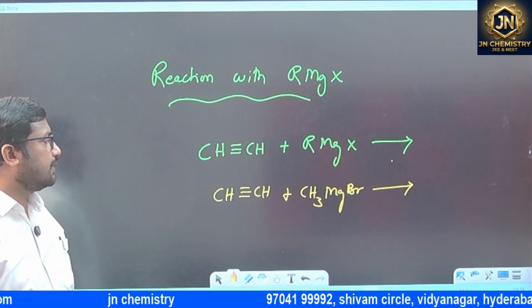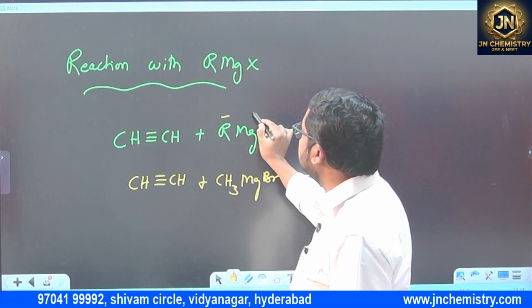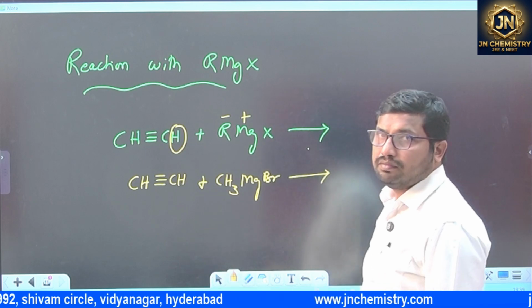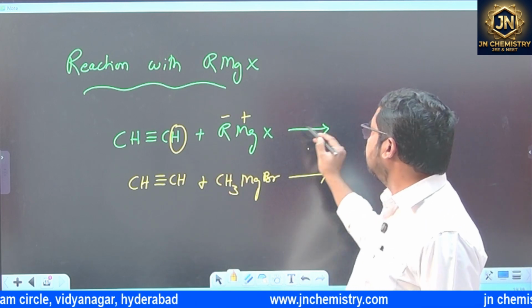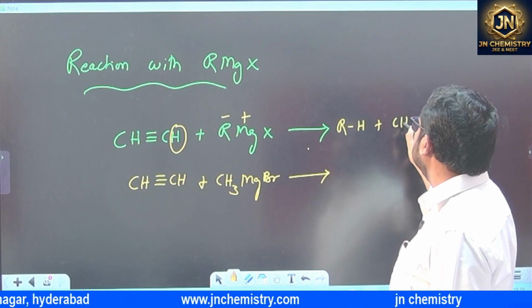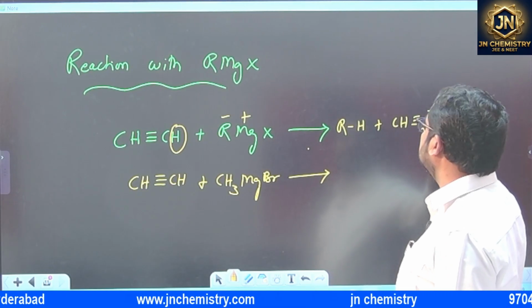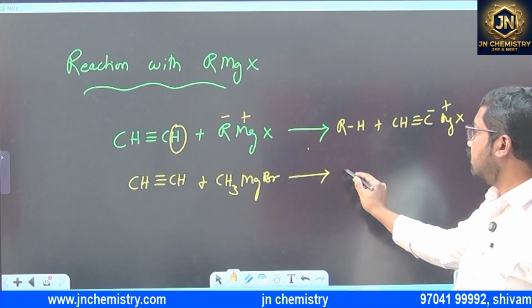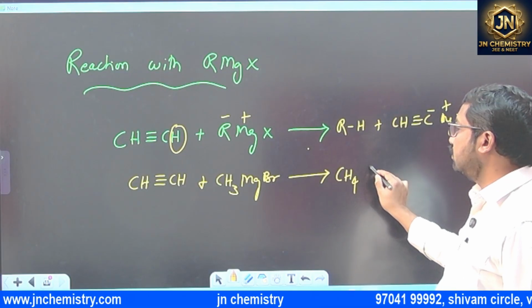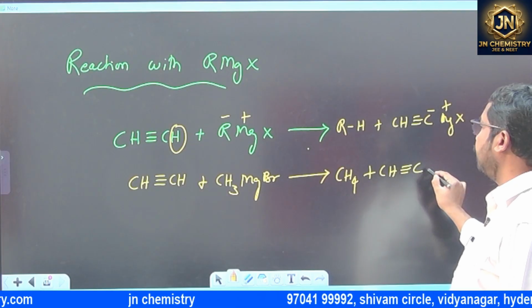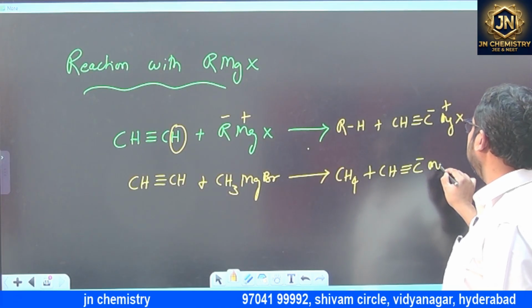What is the product? It is R minus MgX plus, right? This is acidic nature because of sp hybridization. So we'll get alkane plus CH triple bond C minus MgX plus. In this case, CH4 plus CH triple bond C minus MgBr plus.